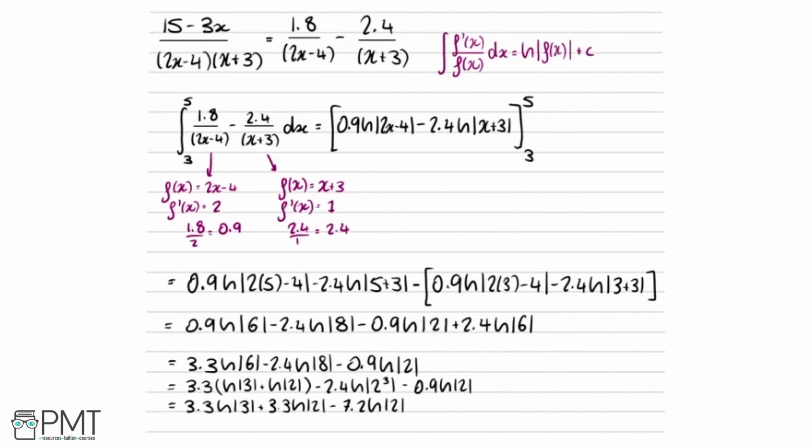And then minus 0.9 ln 2. So lastly here, we're just going to collect like terms. So we're going to have the 3.3 ln 3. Then we're going to collect all of the ln 2's together. So 3.3 minus 7.2 minus 0.9, which is going to be minus 4.8 ln 2. And that's actually the final answer in the correct form that they wanted.